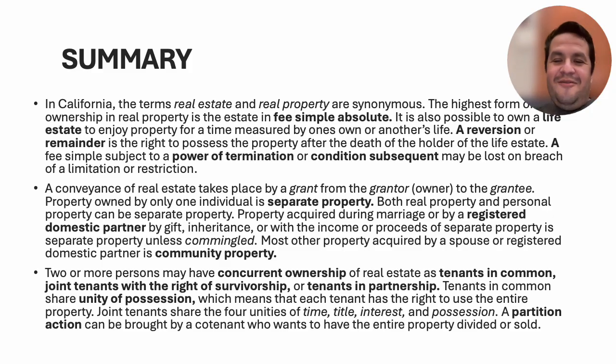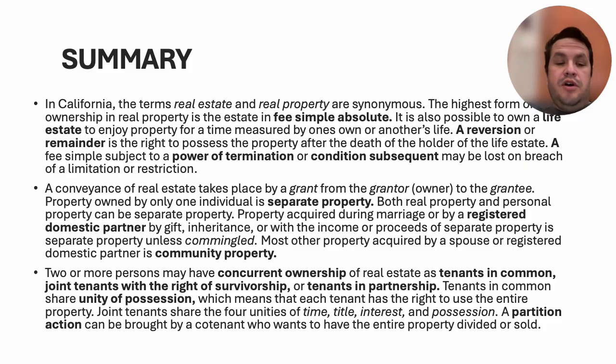All right, everyone. We're almost done with this unit. Good job. I know this was a lot of difficult key terms and new things that we're learning. So, real estate and real property are synonymous. The highest form of ownership in real property, remember, is a fee simple absolute, right? You absolutely own that property.